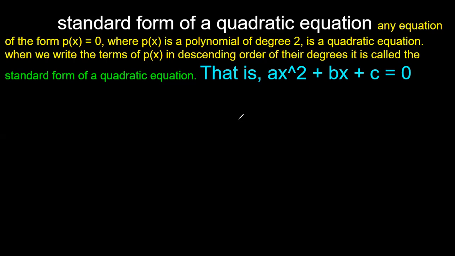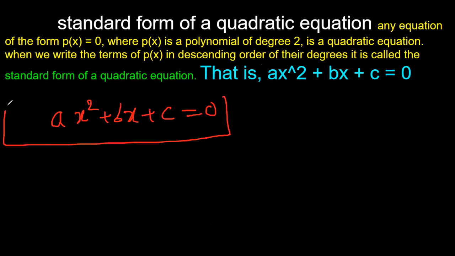So we would like to organize it and write the terms of the expression in descending order of their degrees. Then it becomes the standard form of a quadratic equation. The form we wrote, ax squared plus bx plus c equal to 0, was already in standard form.